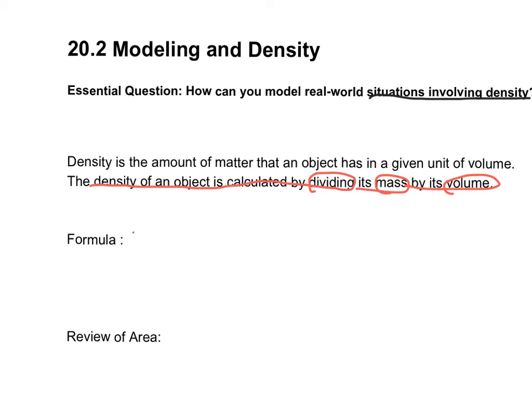So the formula again, and I also have this in the document that's included with this Google Classroom activity. So density equals mass over volume.